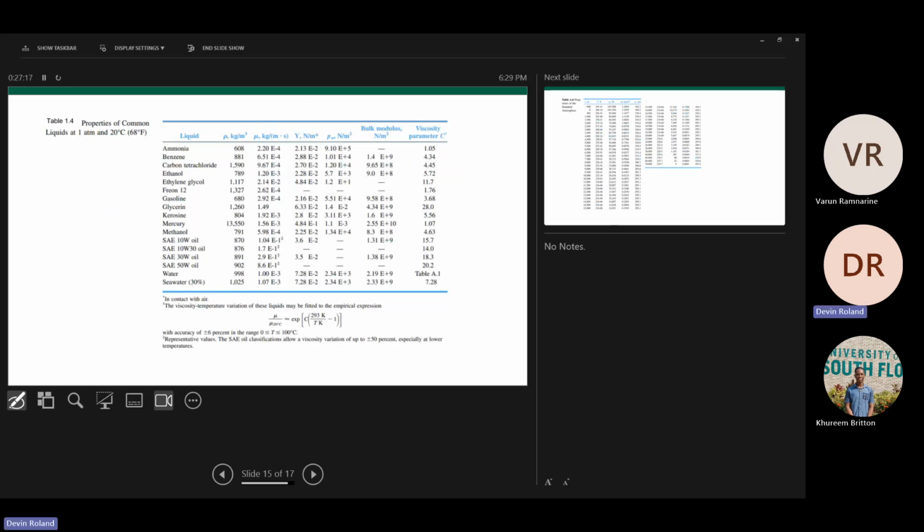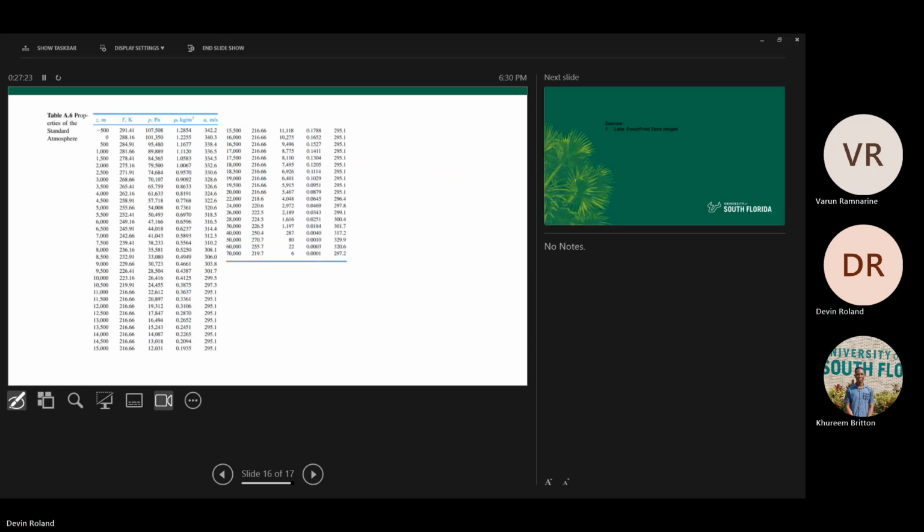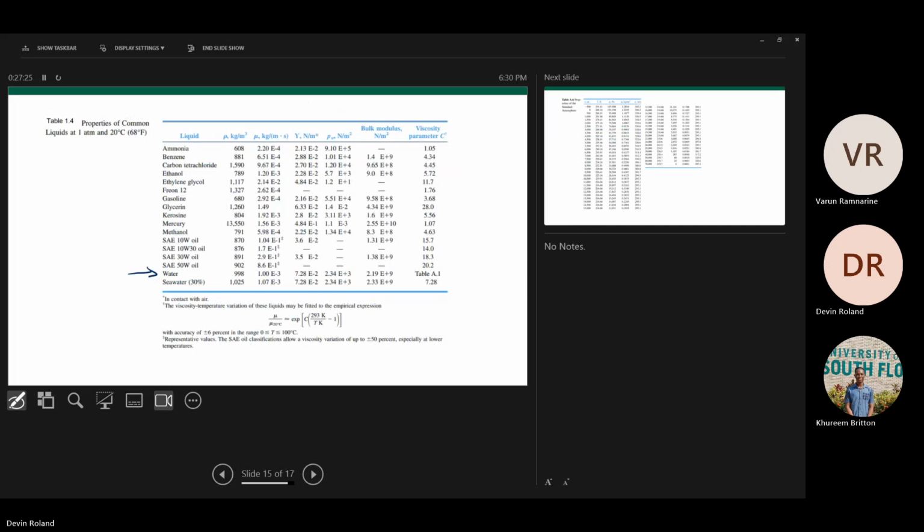Well, this is metric, but this is 20 degrees Celsius. Whatever imperial version you have of that, it'd be just 1.94 on there.